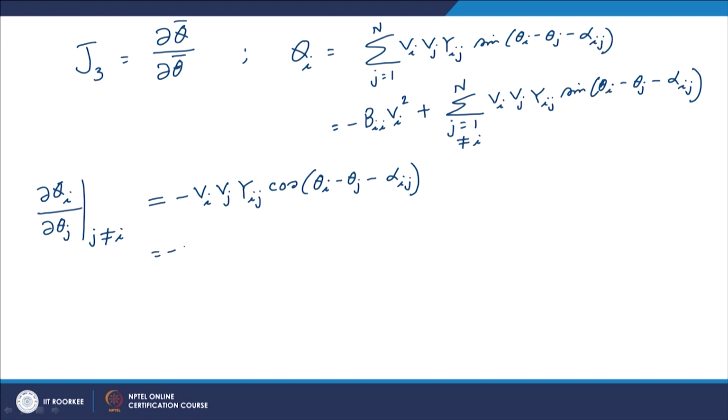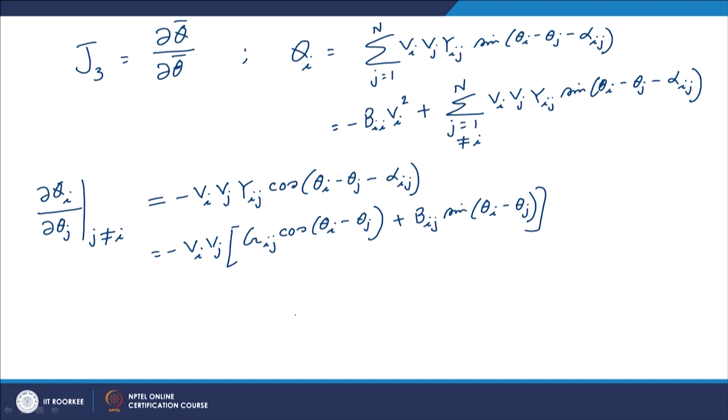We have already seen that this can be written as minus Vi Vj times Gij cos(theta i minus theta j) plus Bij sin(theta i minus theta j).